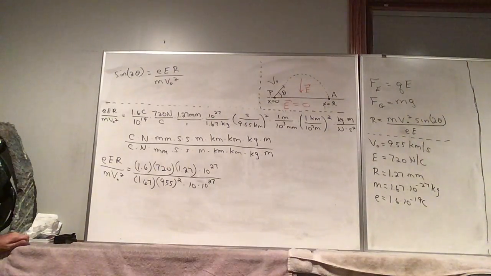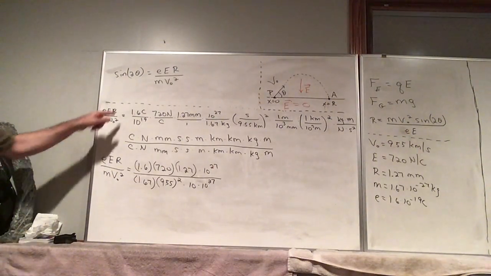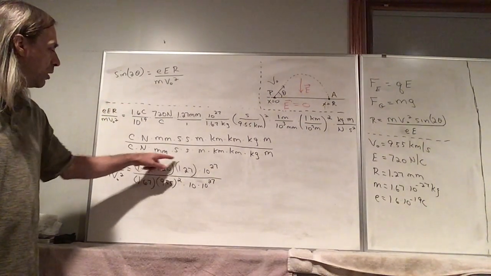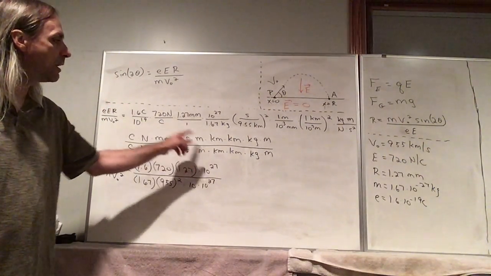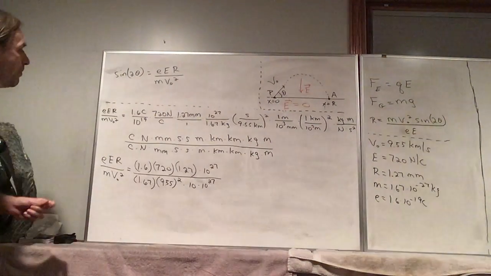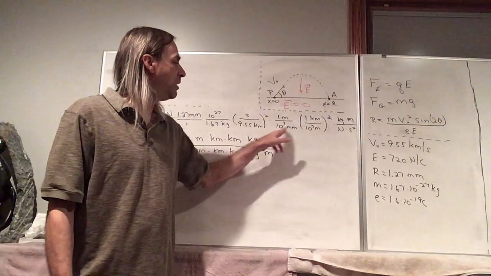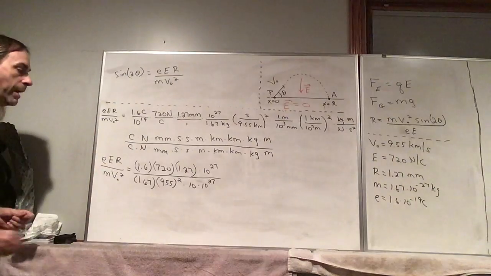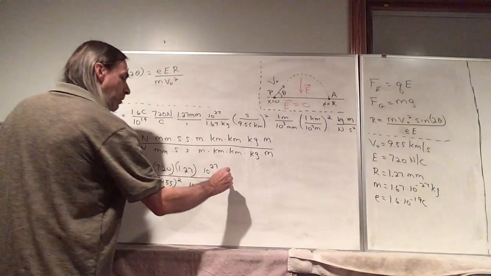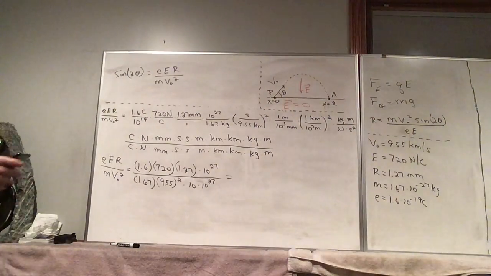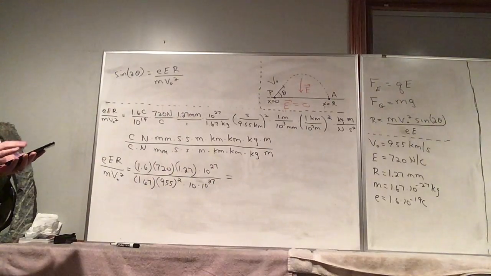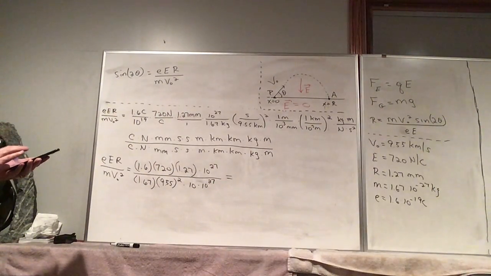So again, before moving on, I'm going to check the numbers. So 1.6, 720, 1.27, 10 to the 27, no other numbers on top. And then 19, 22, and 6, 28, which we wrote that way. So I'm going to make sure to get this right. 1.6 times 720 times 1.27.